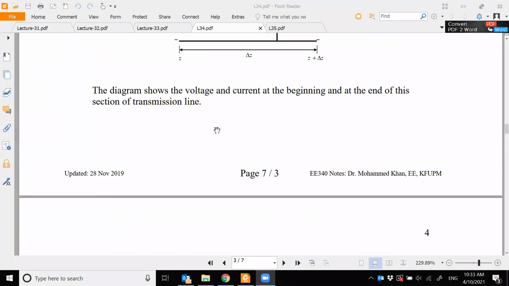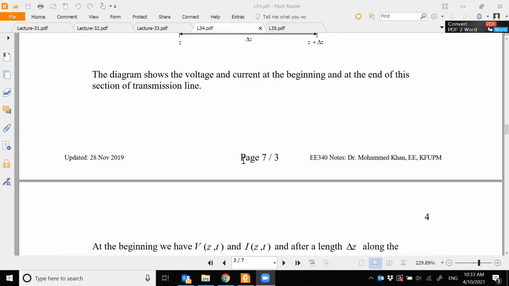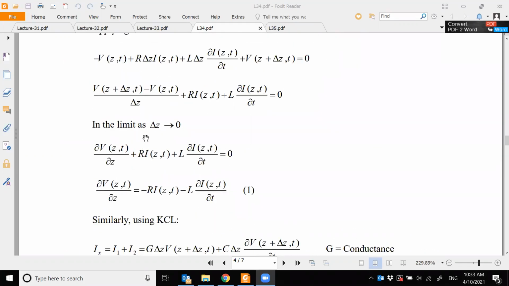Now, this is for the length delta Z. But in reality, we are doing this mathematically for a small transmission length of delta Z. This small delta Z should tend to 0, right?